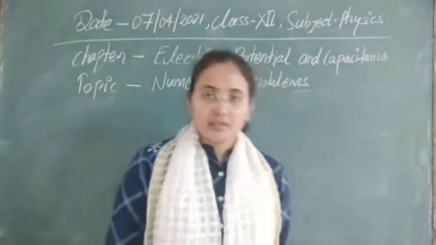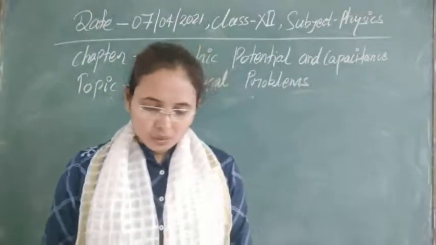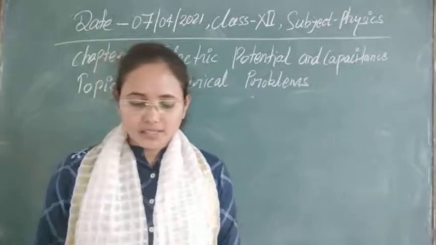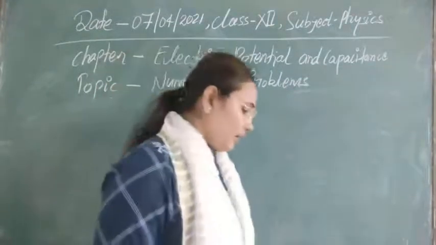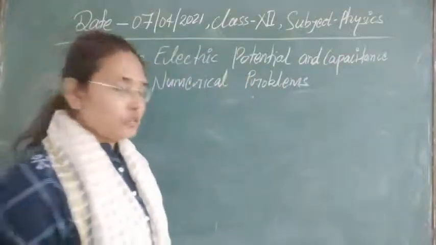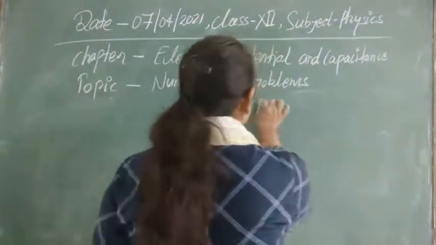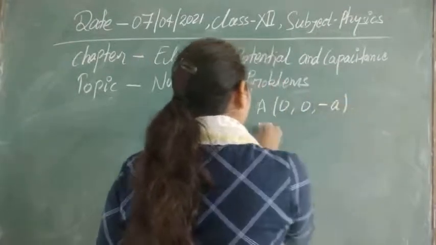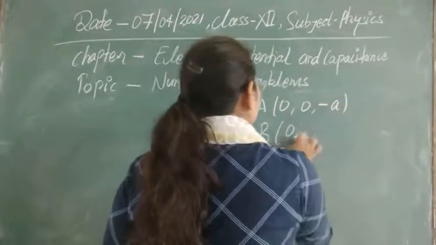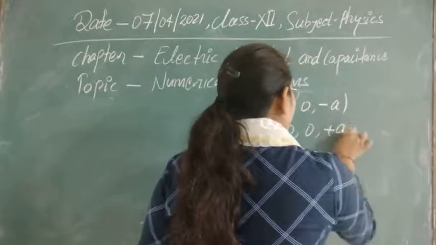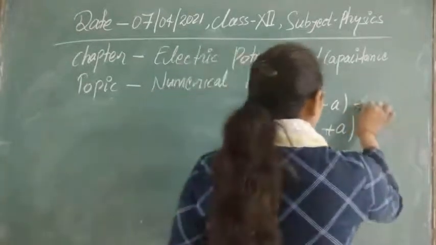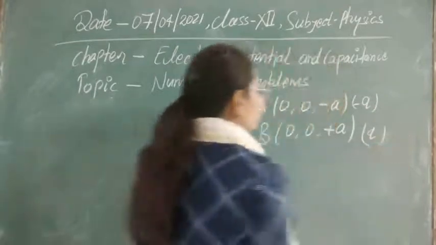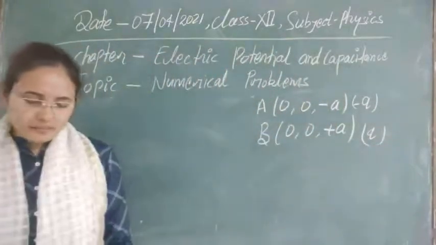So next question, we have two charges minus q and plus q located at points A and B respectively. Here the locations of A and B are given: A is (0, 0, minus a) and B is (0, 0, plus a). So here two charges, this is minus q charge and this is plus q charge, located at these two points.